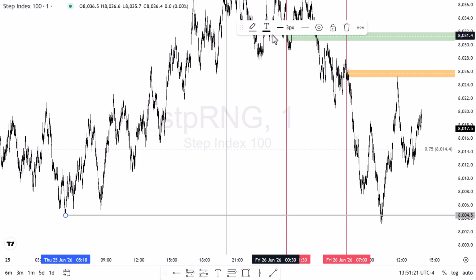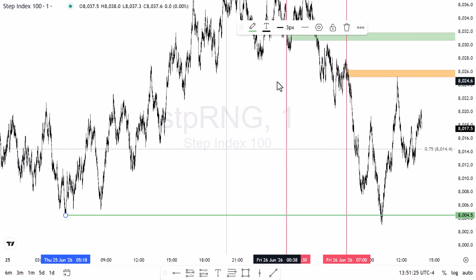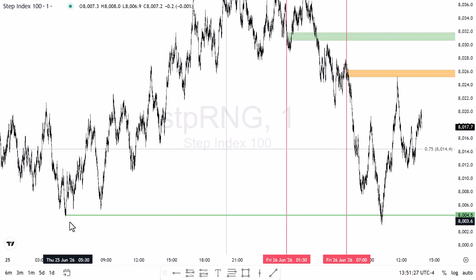So green colors, that is the London session low. So 5 a.m. yesterday of London, we created this low. And here's our 10 a.m. dropping down to take out the London low.